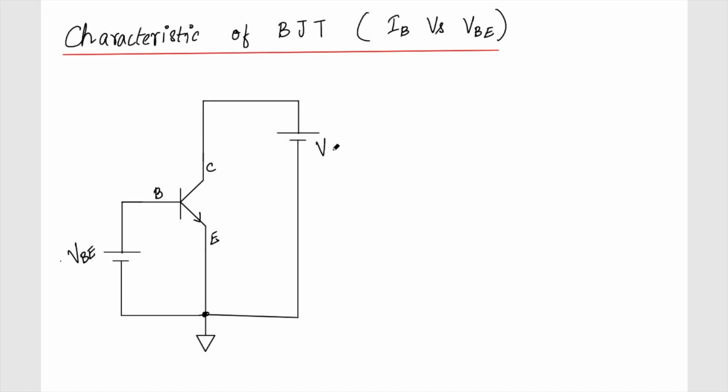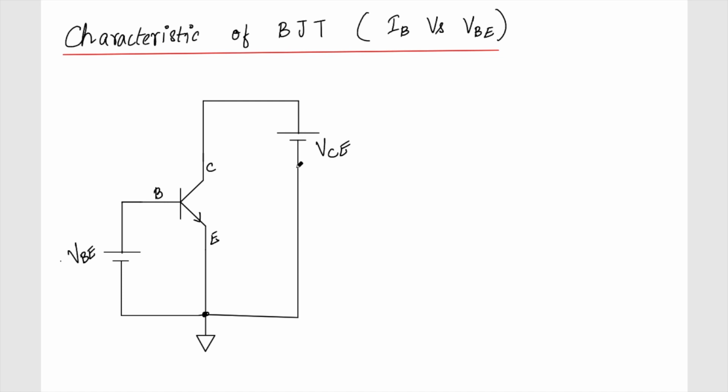So I'm applying a voltage VCE instead of VCB, with the positive terminal here, making sure that the base and collector are in the reverse bias region. So I'm keeping this VCE voltage sufficiently high.